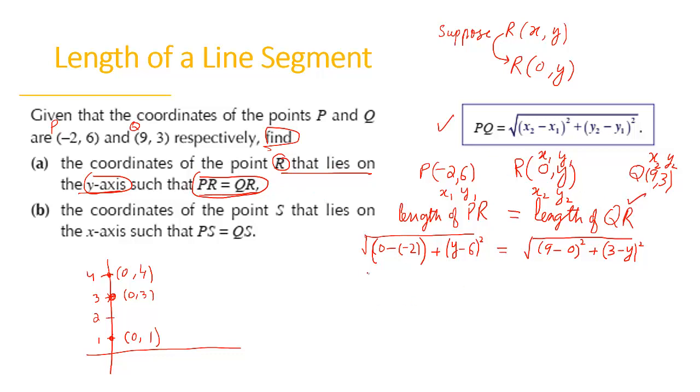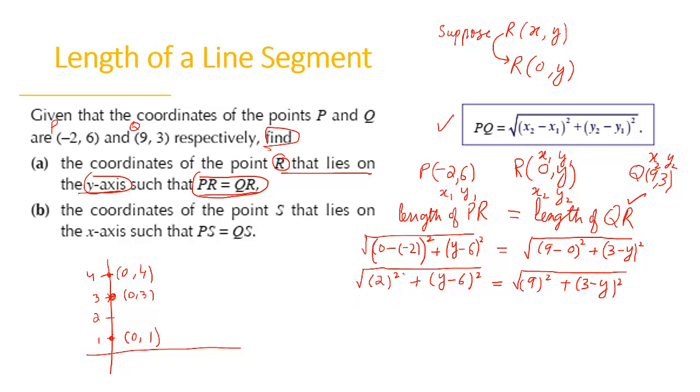Now just simplify. Minus minus is plus, and there is a square on it, so 2 squared plus y minus 6 whole square is equal to 9 minus 0, which is 9 squared, plus 3 minus y whole square.